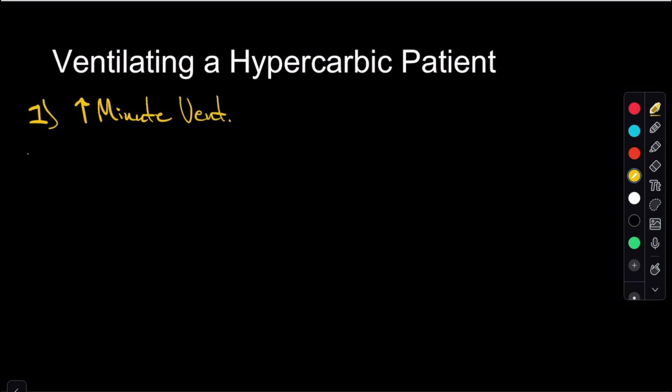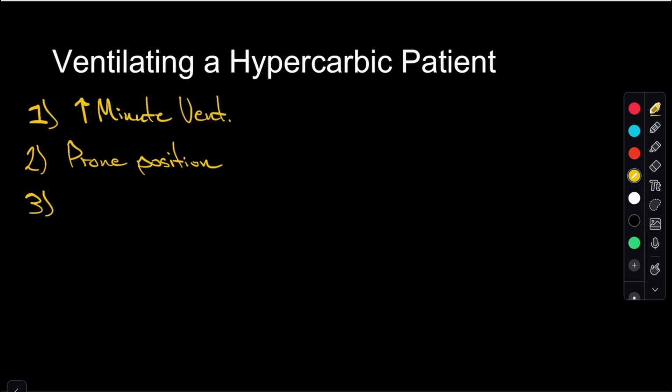So increasing either your tidal volume or your respiratory rate can assist in the elimination of carbon dioxide. The second is by placing the patient in a prone position. This allows for more even distribution of blood flow throughout the lungs to increase the drop off of carbon dioxide and exchange of it into the lungs.